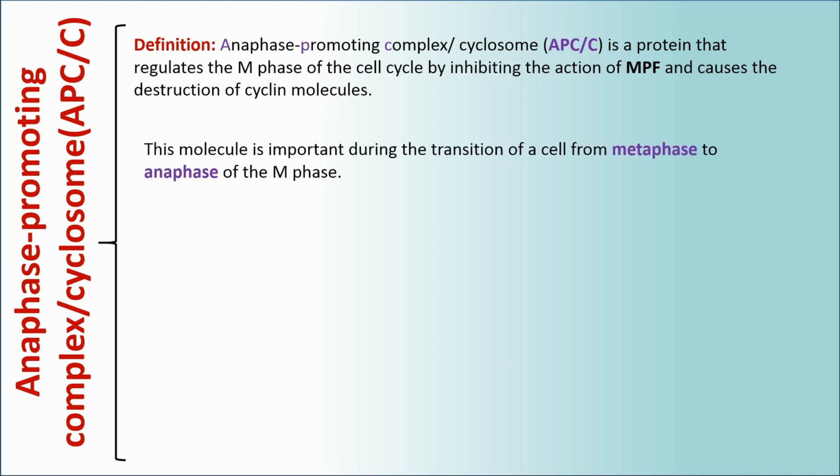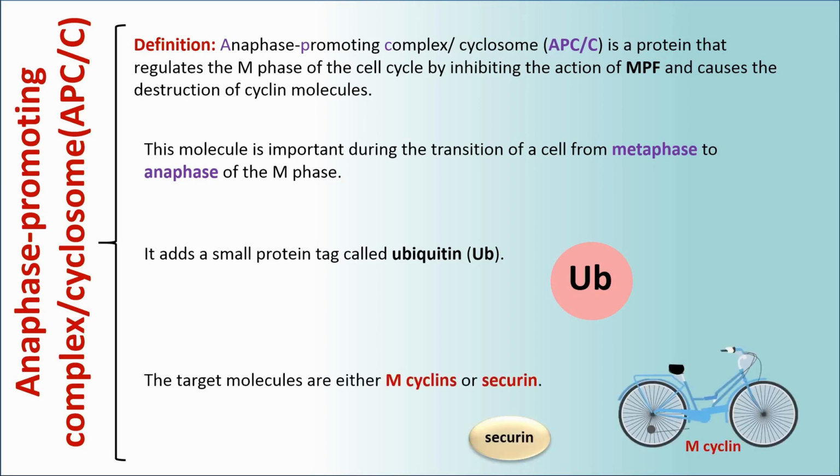This molecule is important during the transition of a cell from metaphase to anaphase of the M phase. It adds a small protein tag called ubiquitin or UB. The target molecules are either M cyclins or securin.